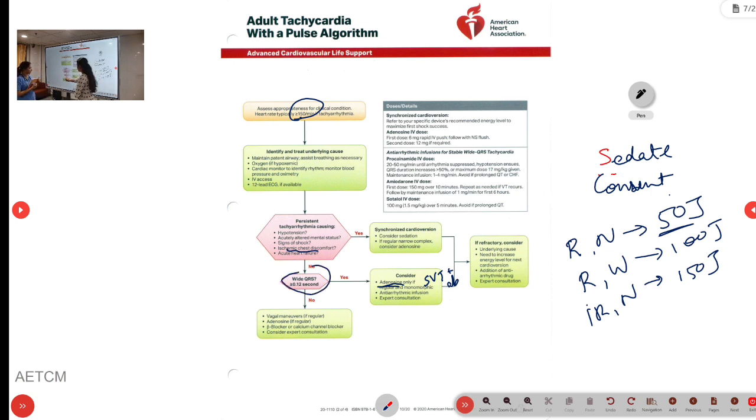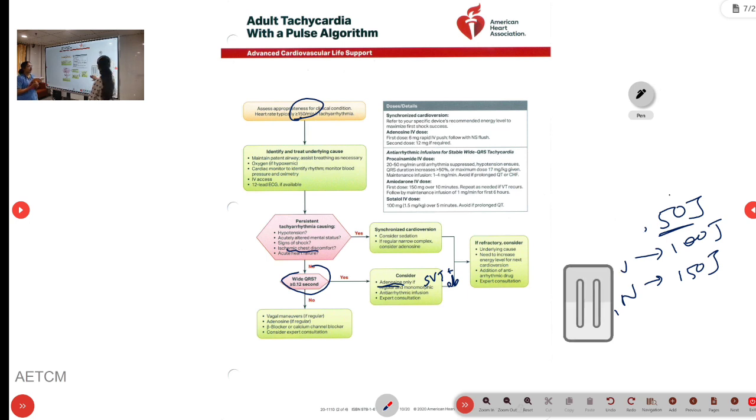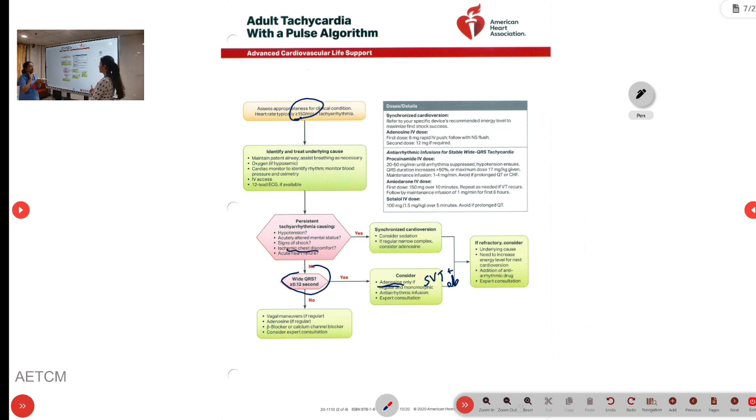Okay, so first we will have to do vagal maneuvers. What was done for the patient? We gave a vagal maneuver, carotid massage. How will you do carotid massage? Before doing carotid massage, we should rule out carotid bruit.